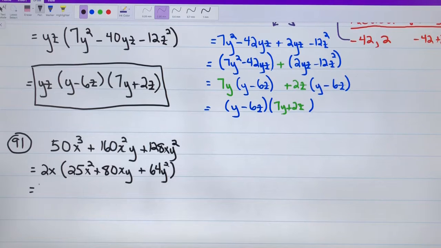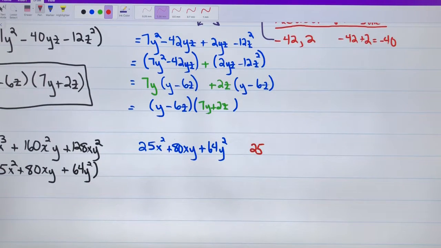We're going to be looking at factoring even further, just looking at the trinomial and factoring this particular portion by grouping. The leading coefficient is 25, and the last coefficient is 64. 25 times 64 is 1600.